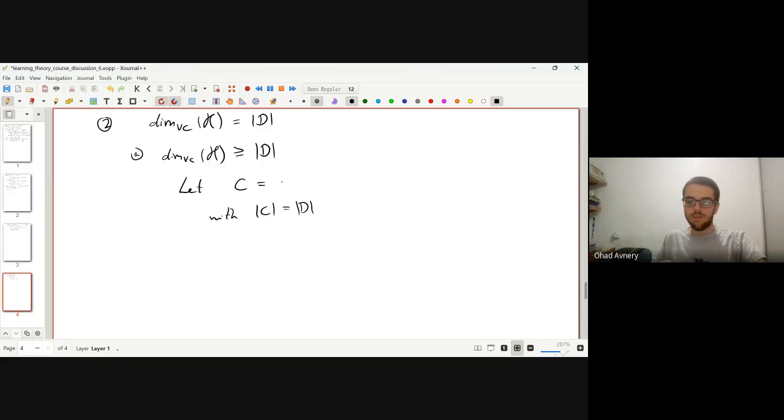The e_i are all functions from D to {0, 1}. And e_i is the assignment that sends i to 1 and the others to 0.